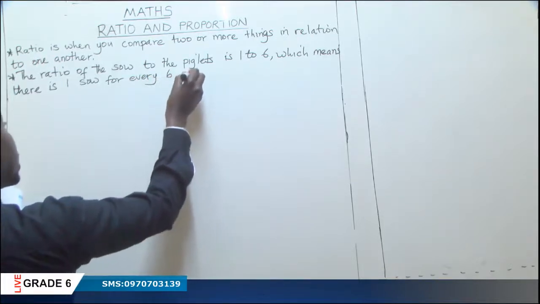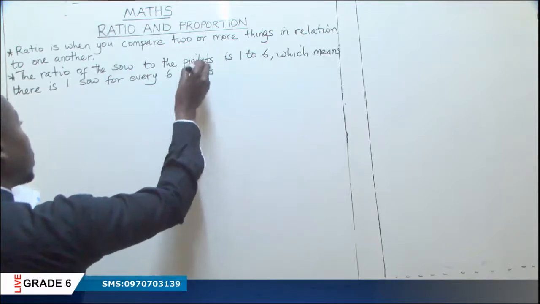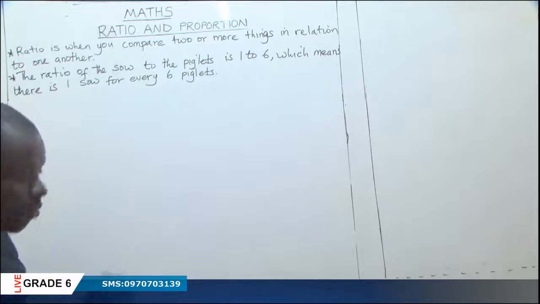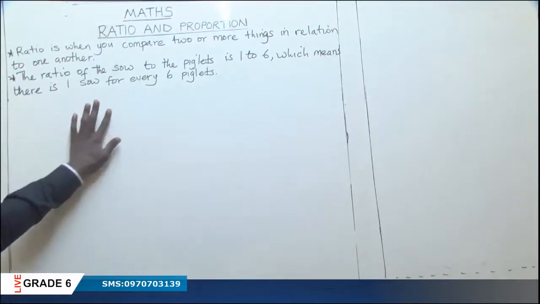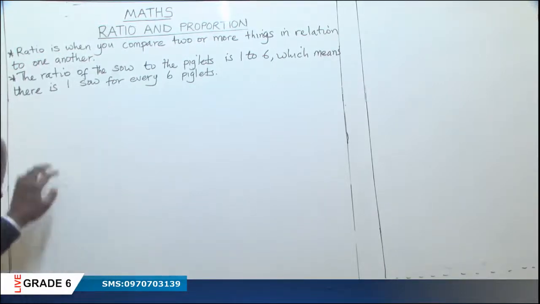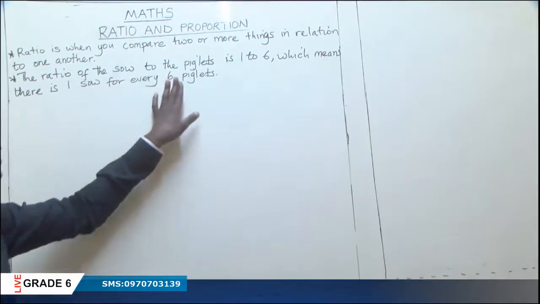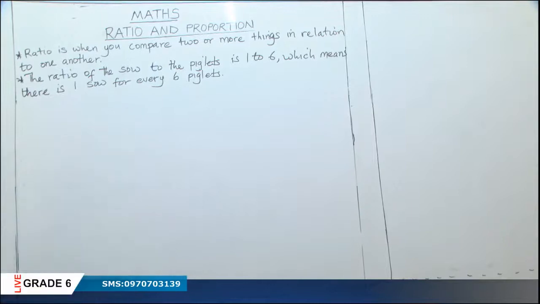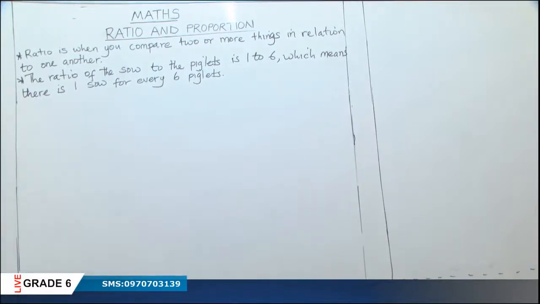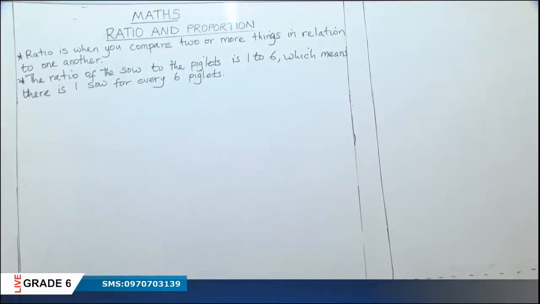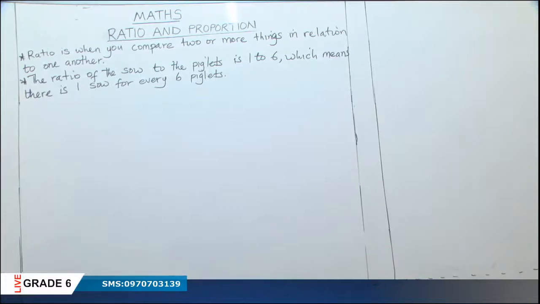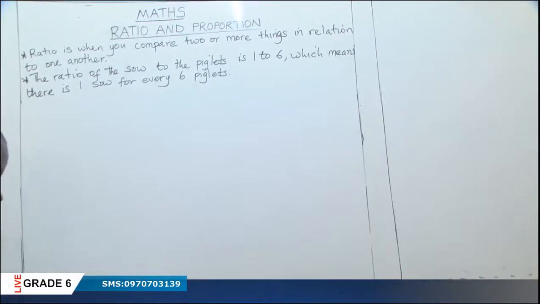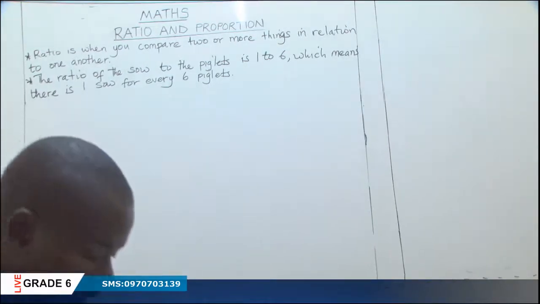So, boys and girls, I've taken the ratio for sow to piglets. The ratio of the sow to the piglets is 1 to 6. So what does it mean?